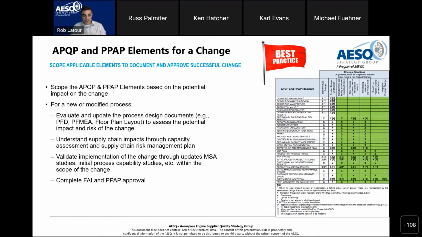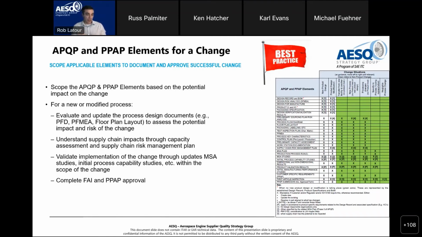When you get into manufacturing changes, again, you're going to look at what are the manufacturing elements necessary. So you could see in the green section of the table, the first block of elements at the top of the table are blank. Those elements are really related to that phase 2 or design elements, and we've already decided that that phase is not applicable for a non-product change.